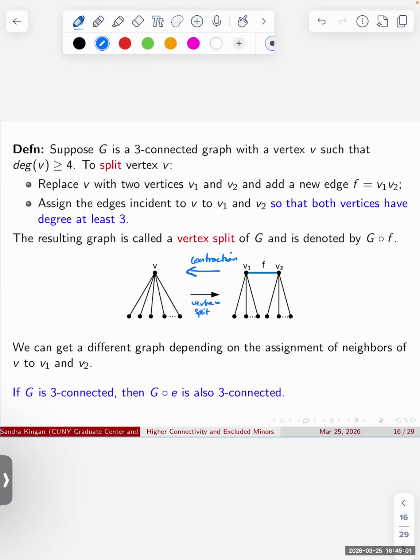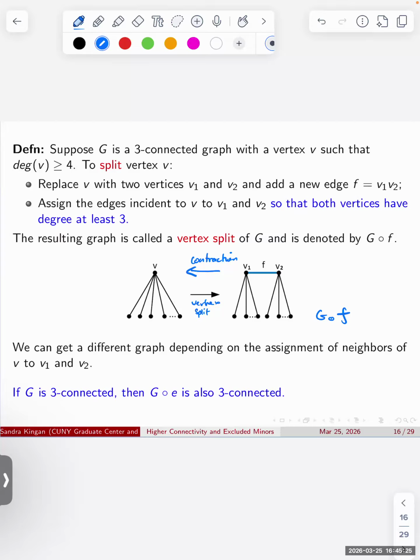So it's actually an edge operation, even though the language says vertex split. We want to think of it as an edge operation, so we denote it like this, G dot F. Again, for lack of a better notation, there could have been a better notation for this, but this notation really pushes the theory forward.